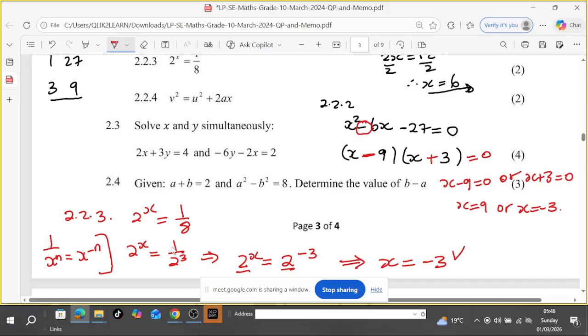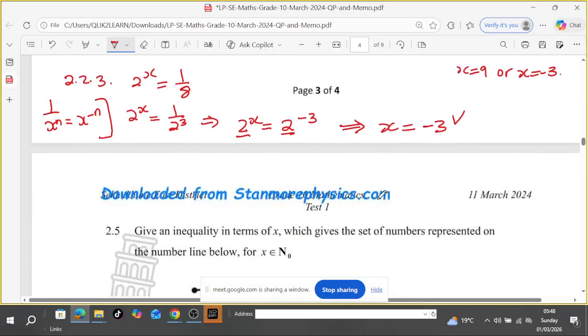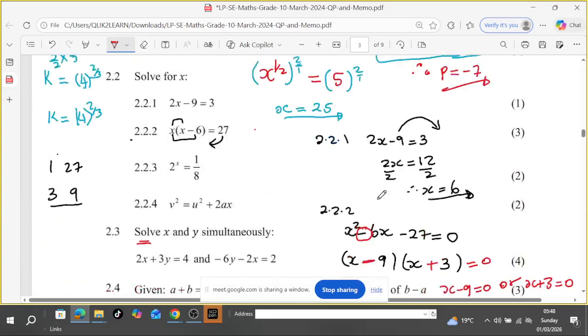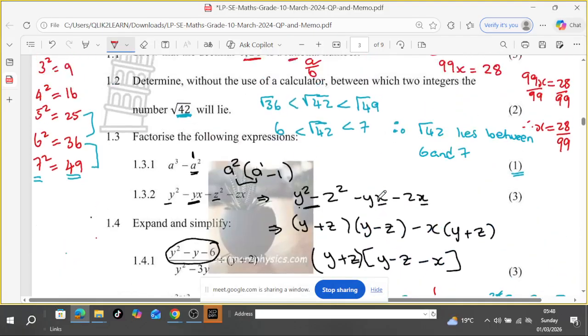So you were supposed to change that 8 to base 2. You understand? Yes. And remember, we did work on simultaneous equations last time. Did you do simultaneous at school? Not yet. So it won't be on your test. Okay.